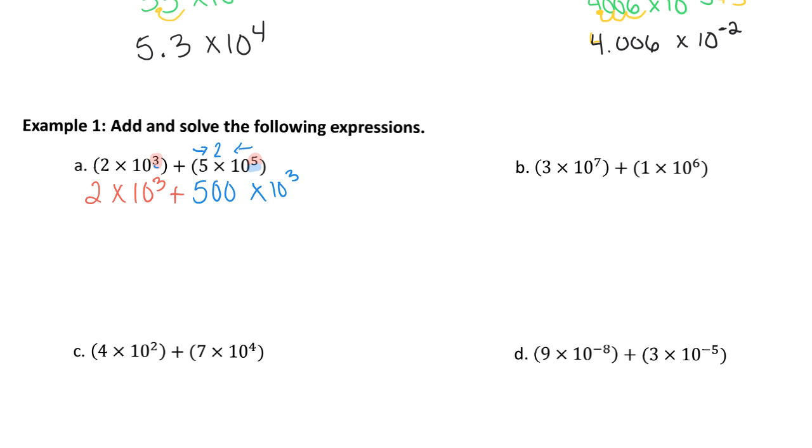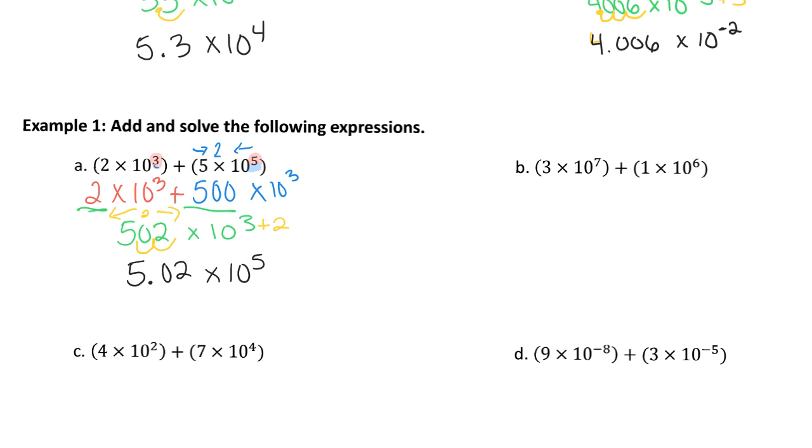Now we add our whole numbers. 500 plus 2 is 502. We keep our exponent. We move it once, twice. We move it out 2 spots, so we add a 2 here. And then our answer is 5.02 times 10 to the 5th.